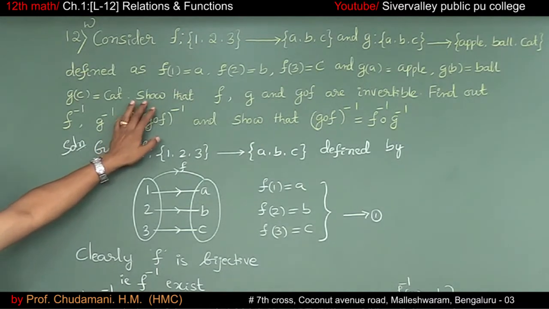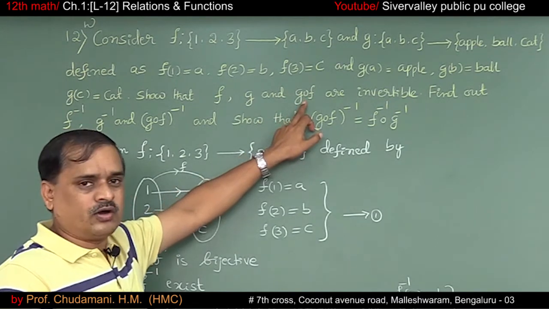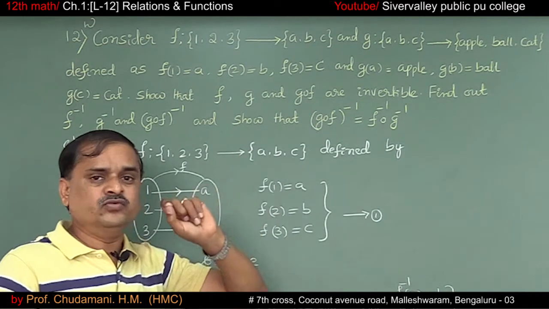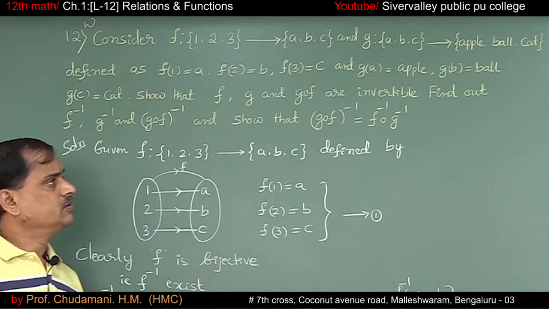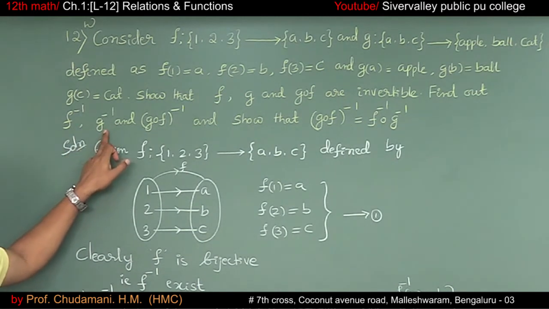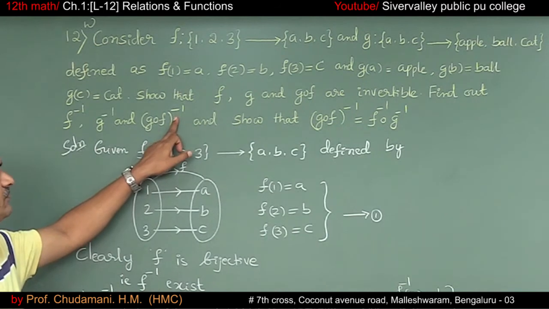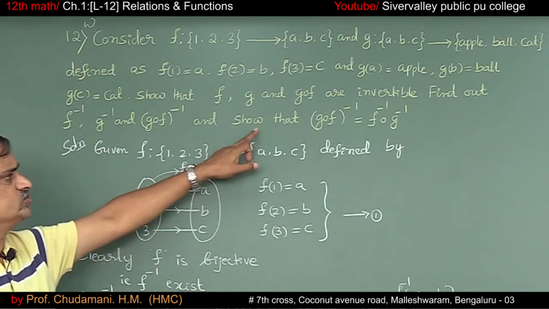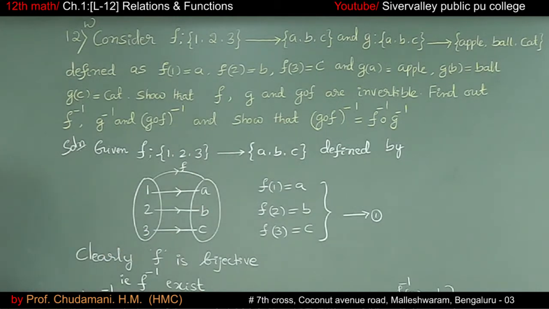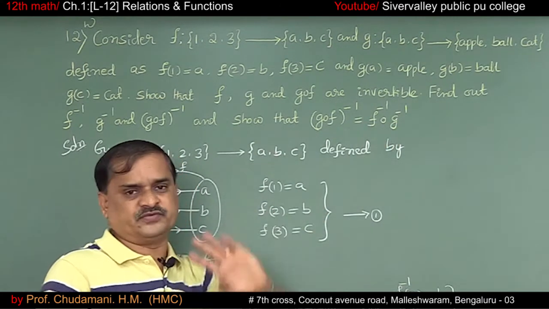Show that f, g and g∘f, the composition of f and g, are invertible. Find out f inverse, g inverse and (g∘f) inverse, and also show that (g∘f) inverse is equal to the composition of f inverse and g inverse.